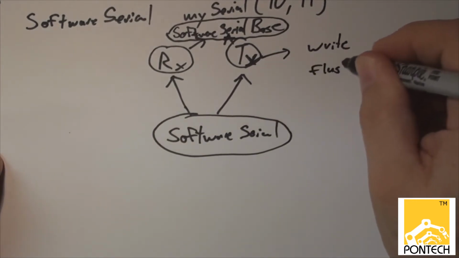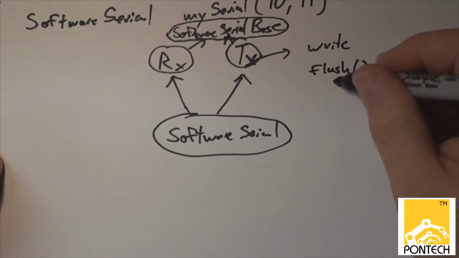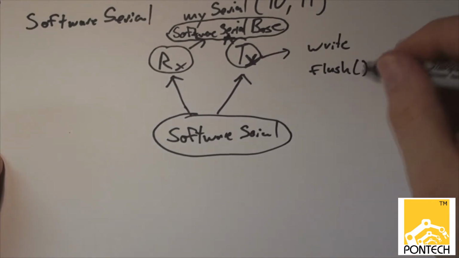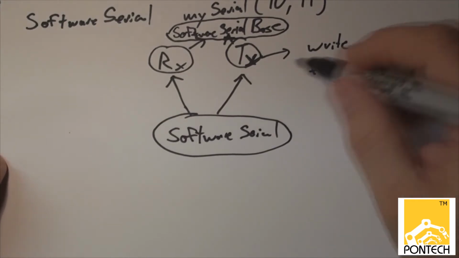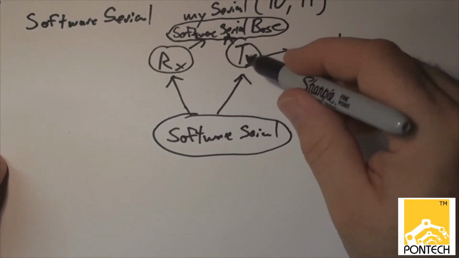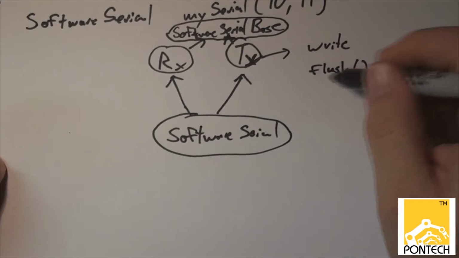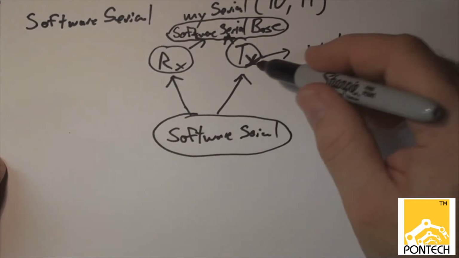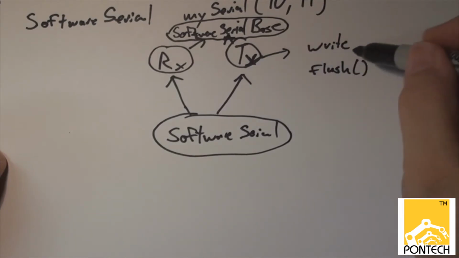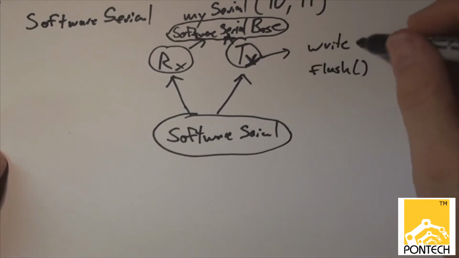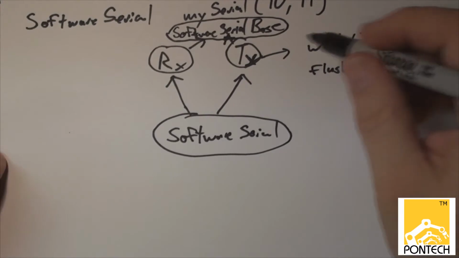Now there are essentially two functions here, the write function and the flush function. The flush function in the Arduino 1.0 libraries is supposed to wait until all characters have been transmitted before it returns. The way the TX is currently implemented, this function doesn't actually do anything, because the TX function is blocking and will not return when you issue a write. The write will not return until it's finished writing your values anyways.